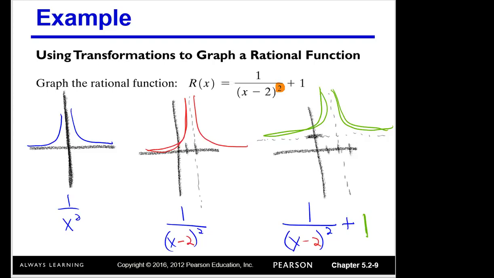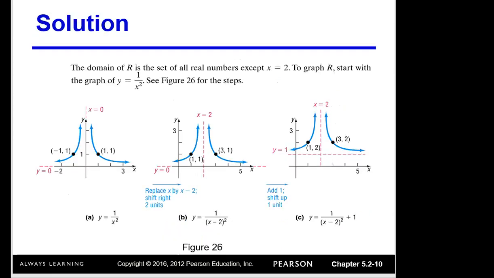And then they show that on the next slide. So they started with the blue, y equals 1 over x squared. And then they did what I did and they added in the -2. You can see that shifted 2 to the right. And then they added in the +1, which shifted it up 1. But you can see they've added dashed lines as the asymptotes, because it's no longer the x and y axis that it's approaching.